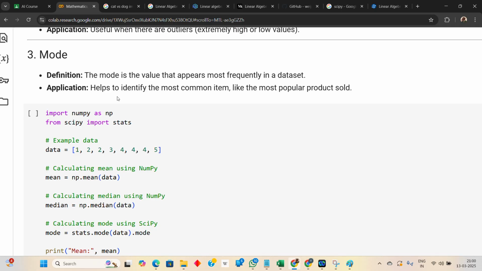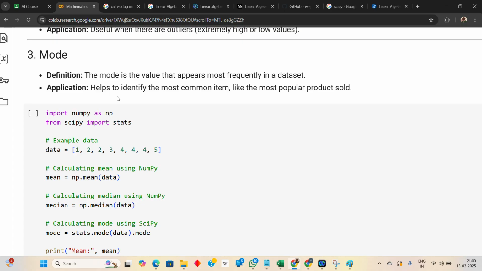They would ask which age group is more easily affected by COVID, and they calculate the mode to get the most frequent number.